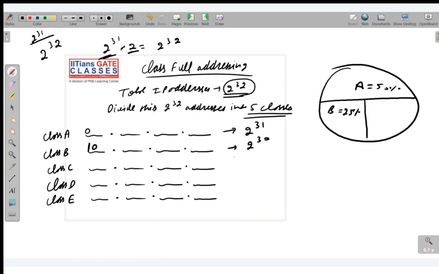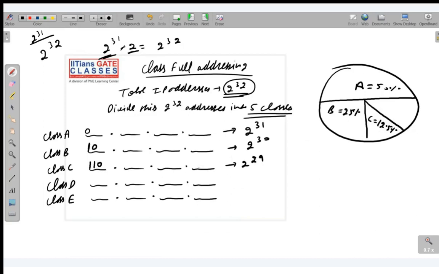Any doubt? No, sir. Okay. For class C, it is 110. 3 bits are reserved, so total IP addresses are 2 power 29. That is 1 by 8, which is 12.5%. So class C is 12.5% of total IP addresses.